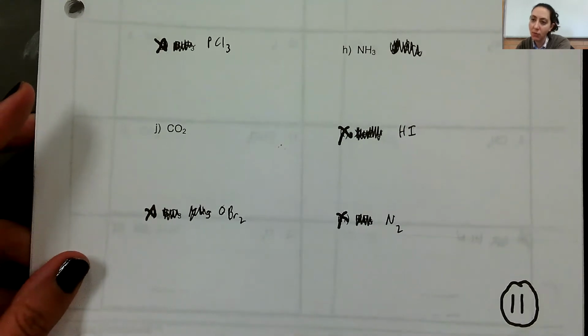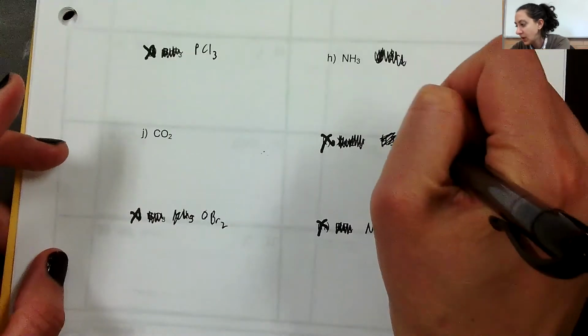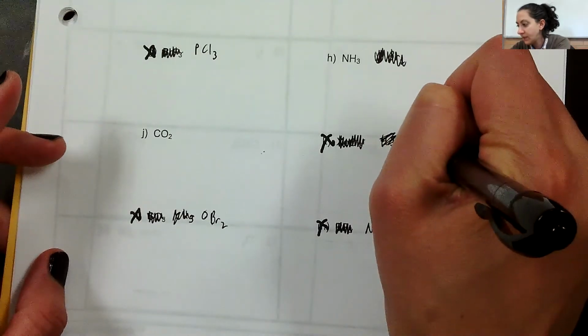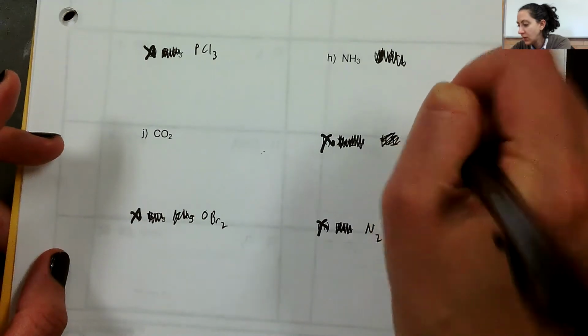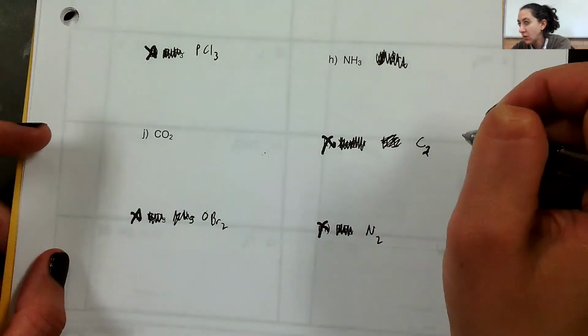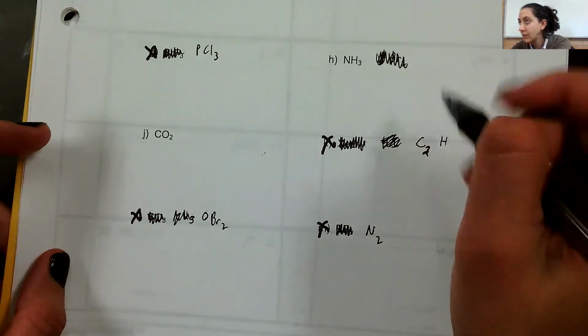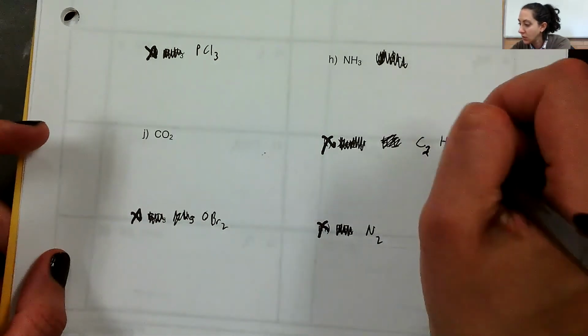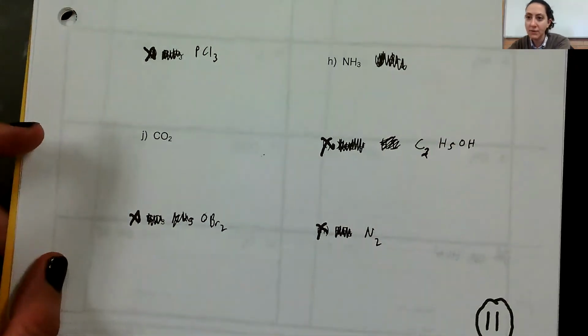Maybe we'll do something a little bit more fun. Yeah, let's switch that one out. Let's do C2H5OH. Let's try that. So that'll be a fun one.